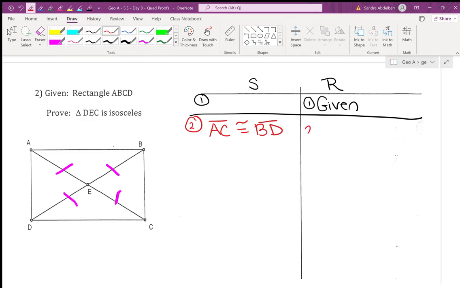And then our reason, this time we're not going to start off by writing parallelogram. What am I going to start off by writing? Rectangle. So we're going to say rectangle, arrow, and then it's going to be diagonals are congruent.